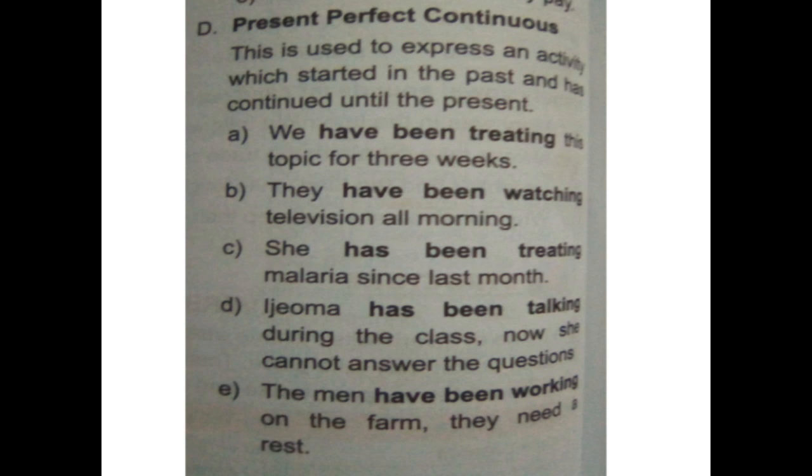How do we form the present perfect continuous tense? Look at it now. We have been treating this topic. So we use present auxiliaries, the be word, which is a past participle, plus a present participle.